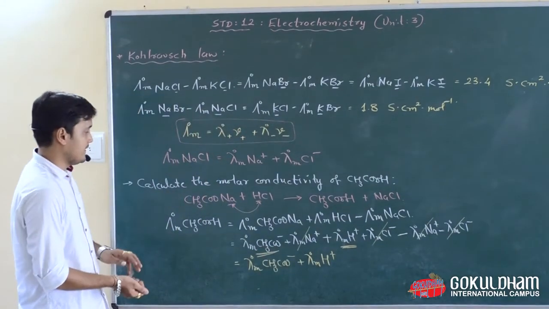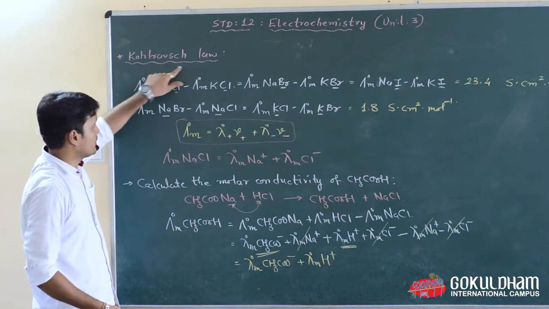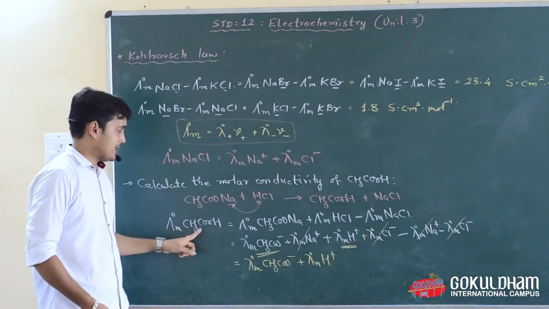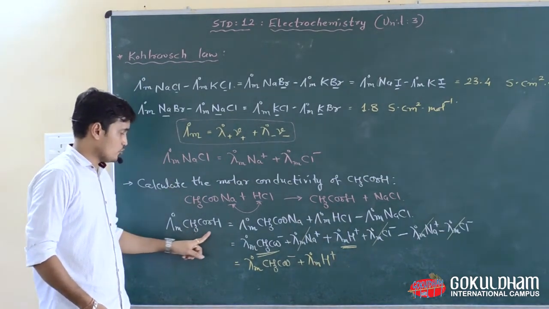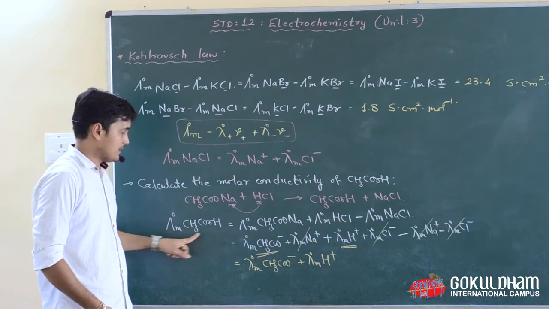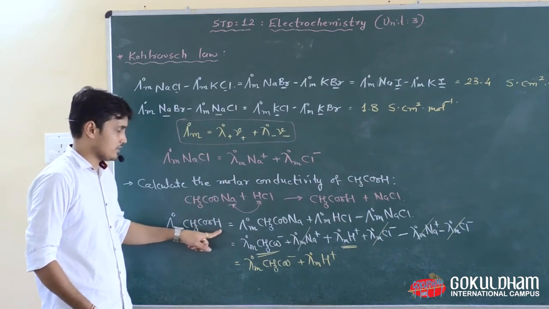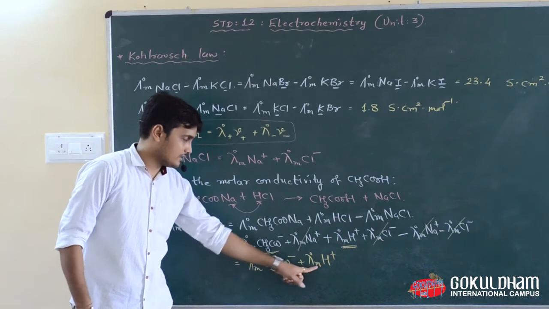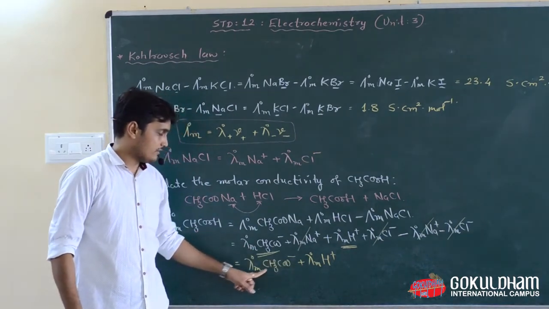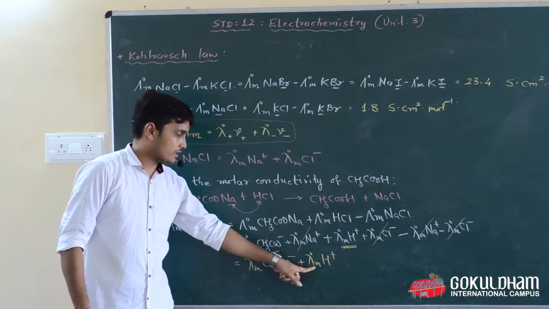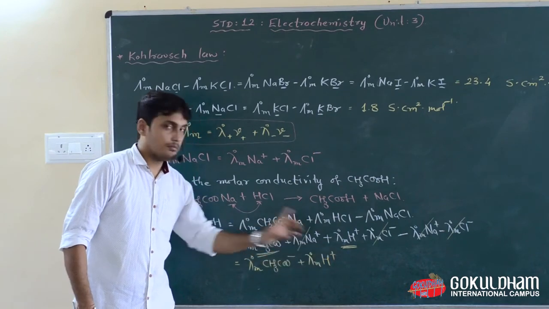So we can prove Kohlrausch's law by this example of acetic acid. These are the two parts, CH3COO minus and the other part is H plus. So we get the result here: molar conductivity of acetate ion plus molar conductivity of H plus.